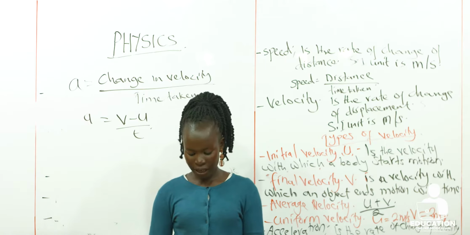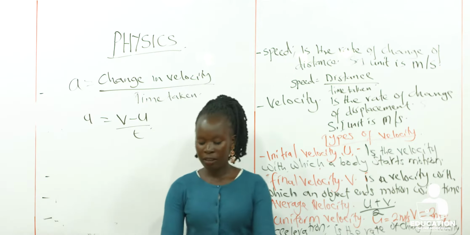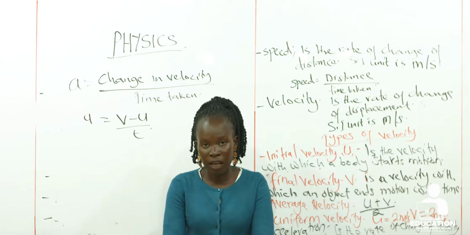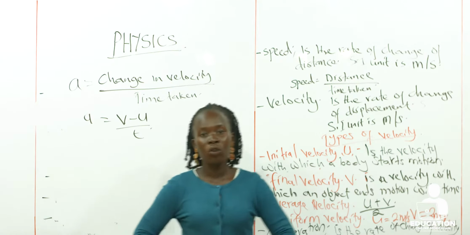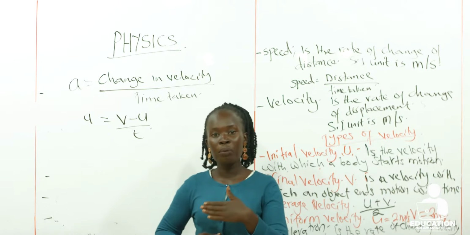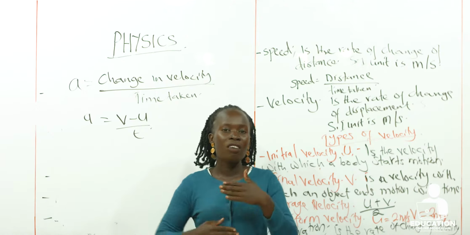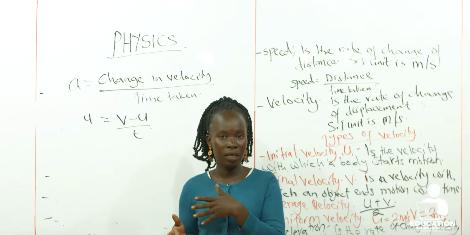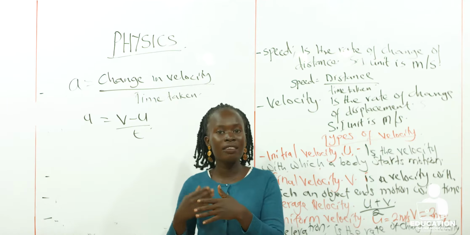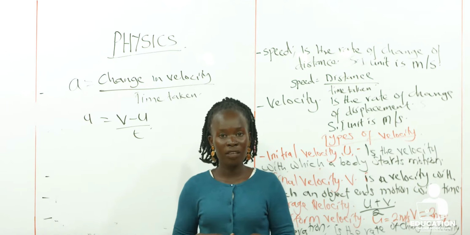How does acceleration become positive? Acceleration becomes positive if velocity is increasing. As you're pedaling your bike and increasing your velocity, you're giving a positive value to acceleration.